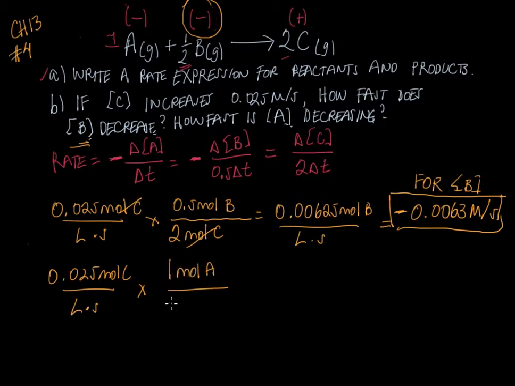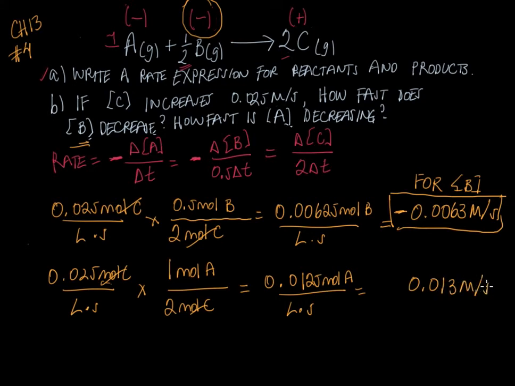There's 1 mole of A per 2 moles of C. Moles of C cancels, and we're left with 0.0125 moles of A per liter per second. And let's just round this to 2 sig figs, 0.013 molarity per second.